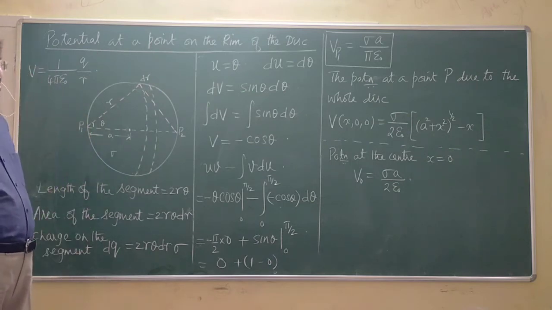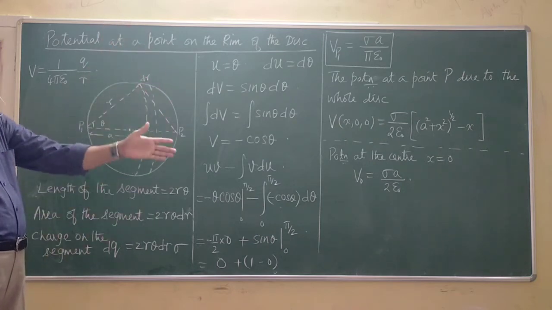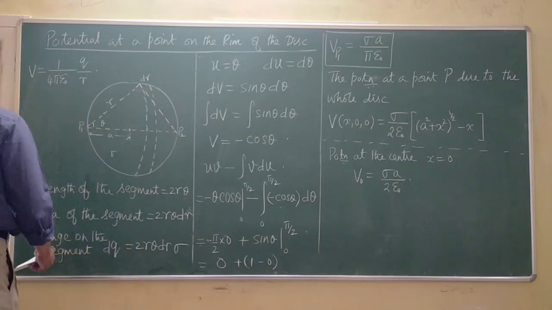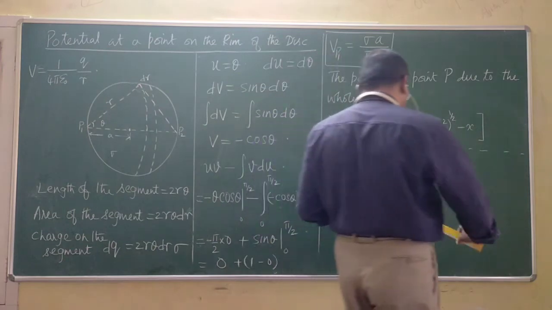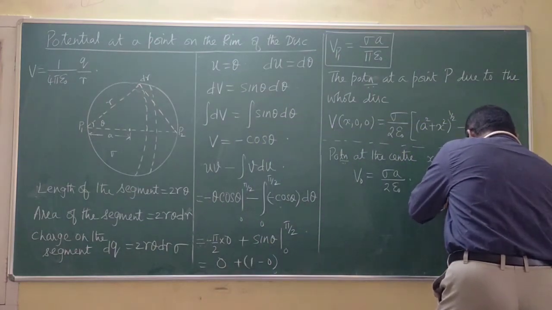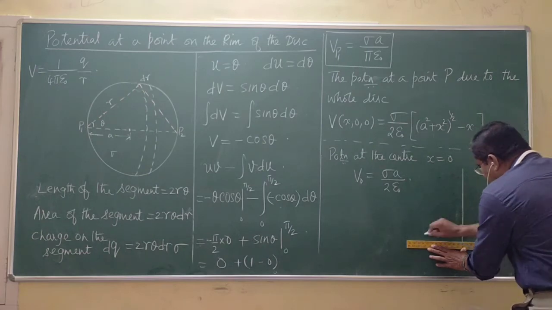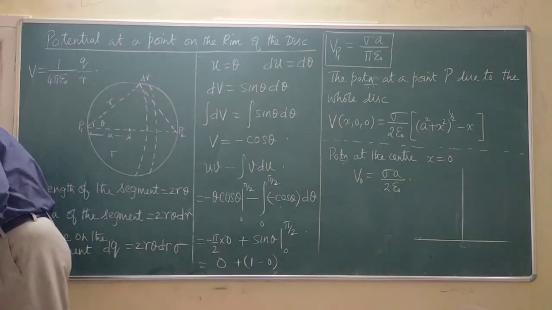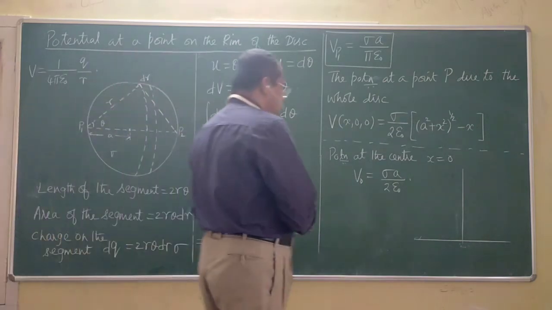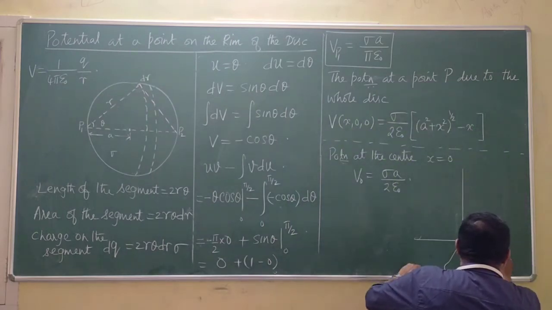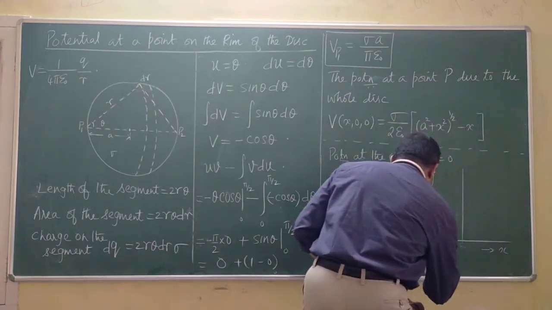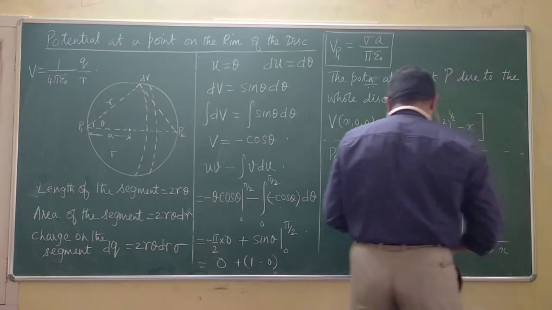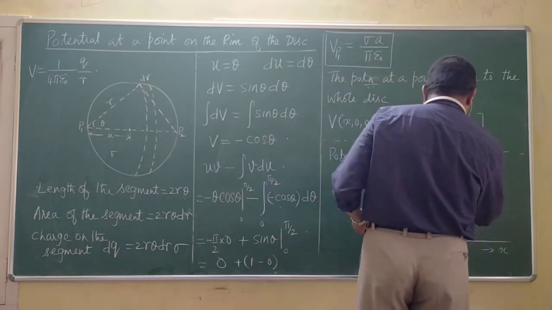Therefore, if you plot a graph taking potential along the y-axis and distance along the x-axis, what will be the nature of the graph? That is what we need to see now. If I draw a graph taking x positive, minus x along this and potential V along this. At the center it is 0. Am I right?